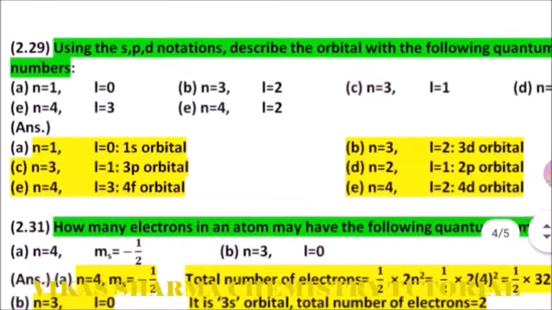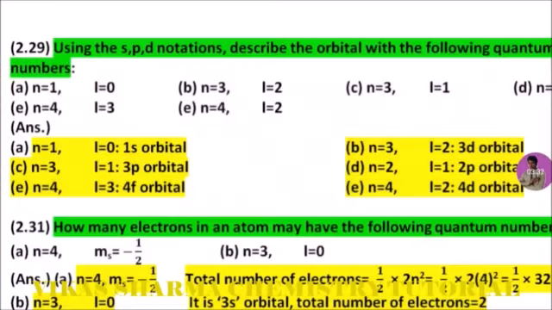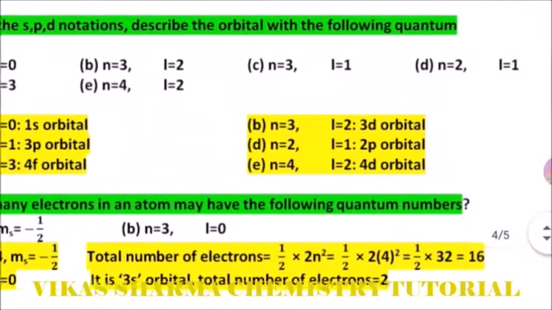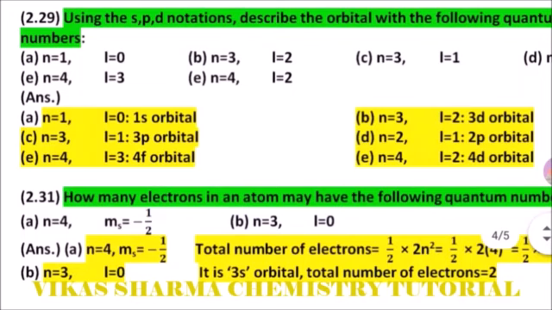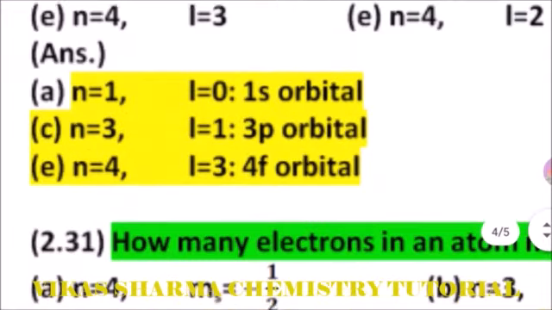Question 2.29 is based on this. Using the spd notation, describe the orbital with the following quantum numbers. First, n is equal to 1 and l is equal to 0, which is the 1s orbital.